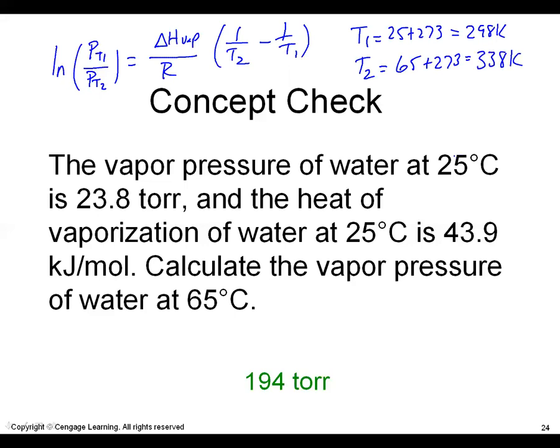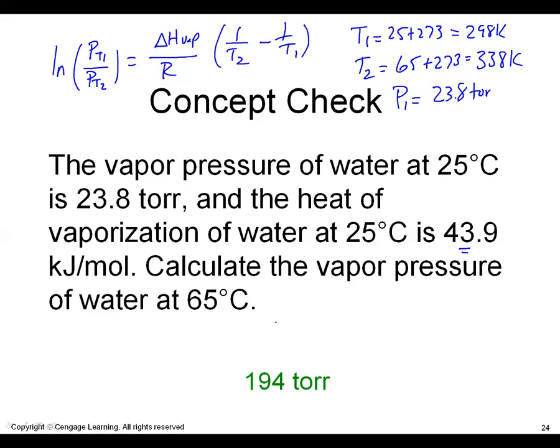R is a constant. We have our delta H of vaporization, and the vapor pressure at 25 degrees is 23.8 torr.